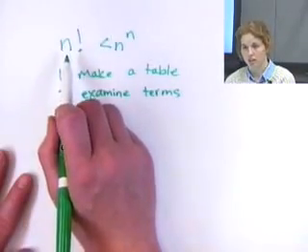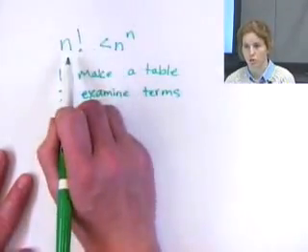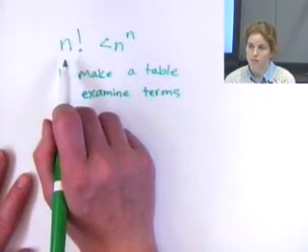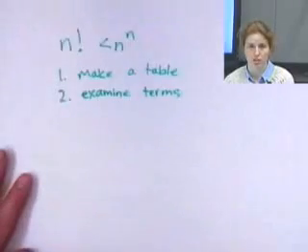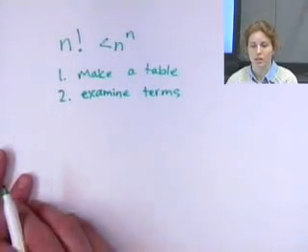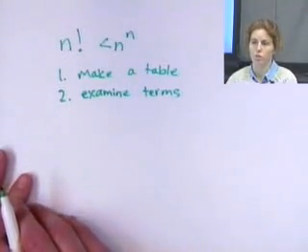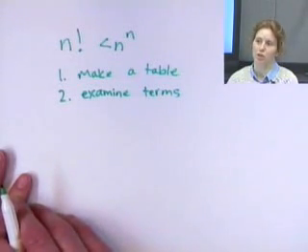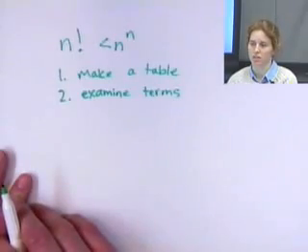So it would make sense that n factorial is less than n to the n because most of the terms in the product are smaller and there's the same number of them. So you can verify to yourself that that makes sense. Now anytime you see n factorial and n to the n, you know which one is bigger. And if you forget, you can just ask how many terms are in each, and which one has smaller terms.